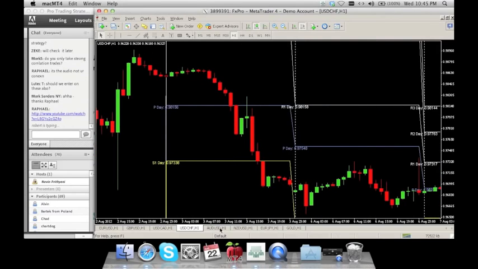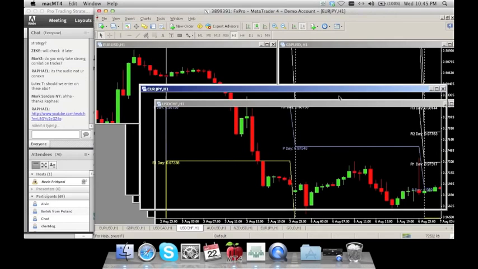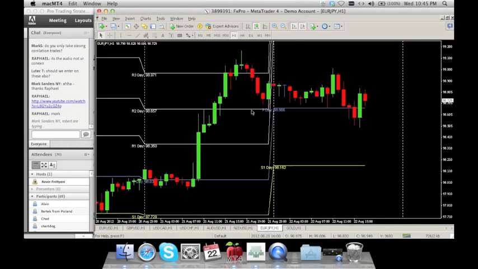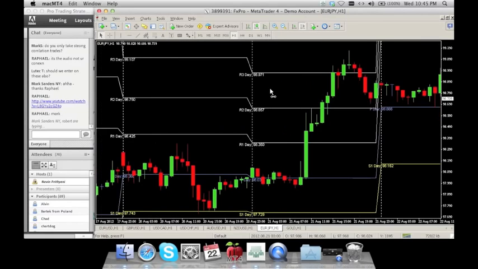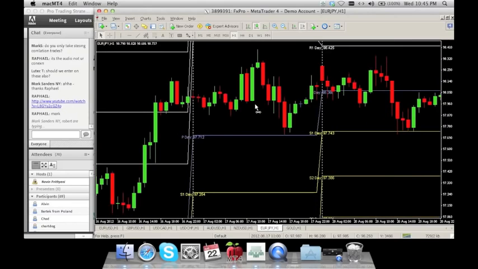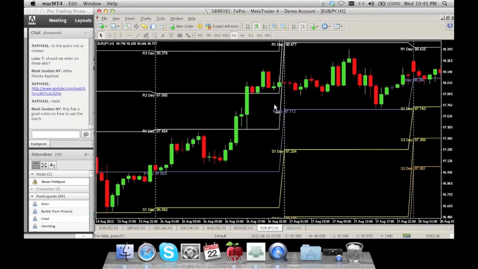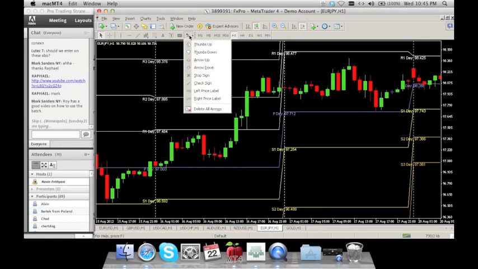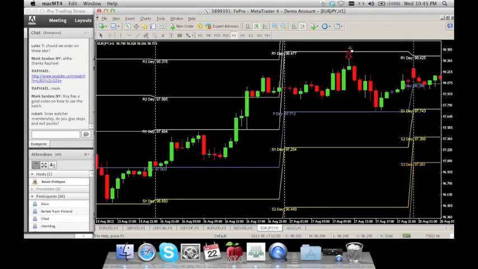Okay, it's not going further back. Okay, let's pick a different pair so I can show you. Let's clean this up. Okay. Tell me this, is this a good trade? Yes or no?